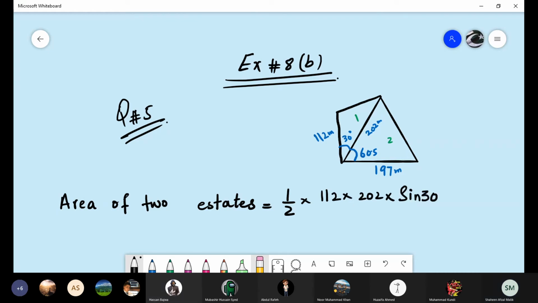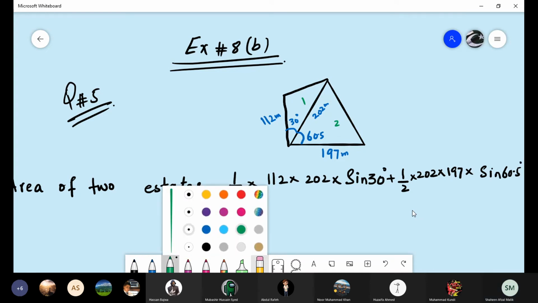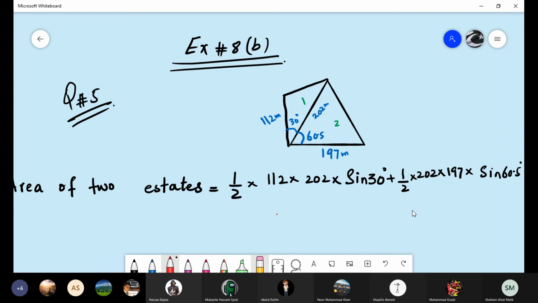Plus the second one: 1 by 2 multiplied by 202 multiplied by 197 and sine of 60.5. Calculate all these values and tell me the answer. First the answer for this one and then the answer for this one.